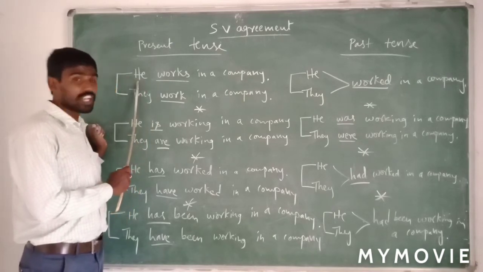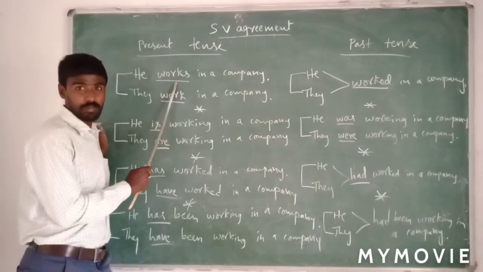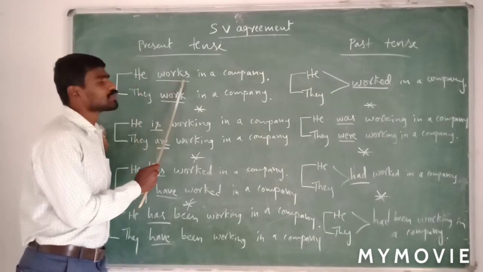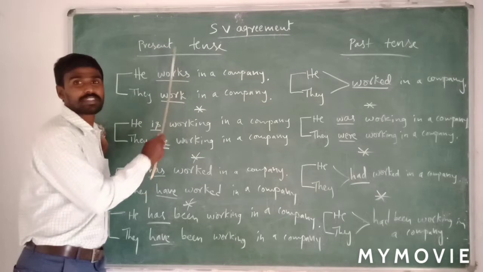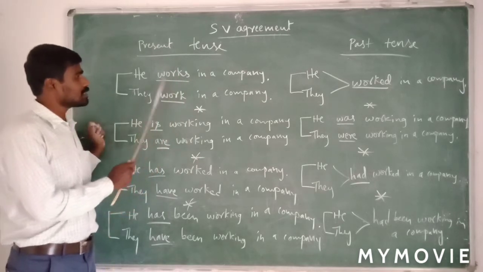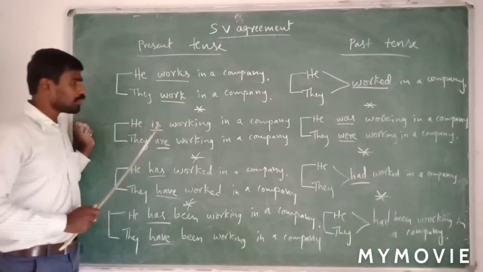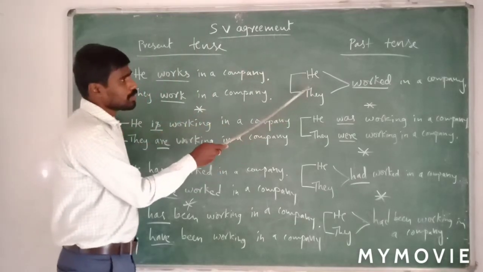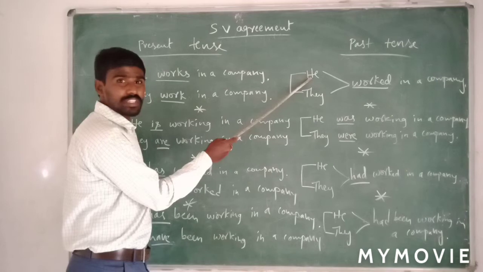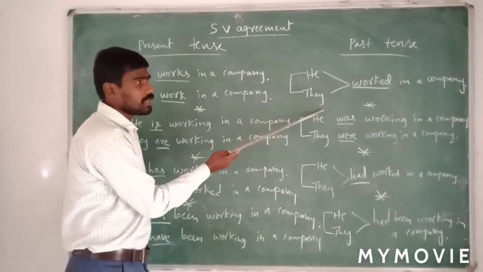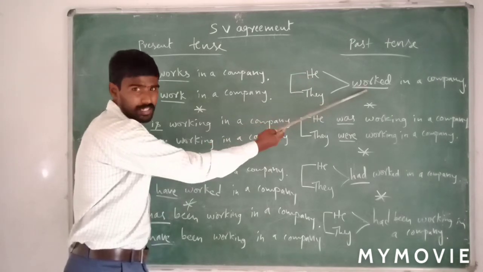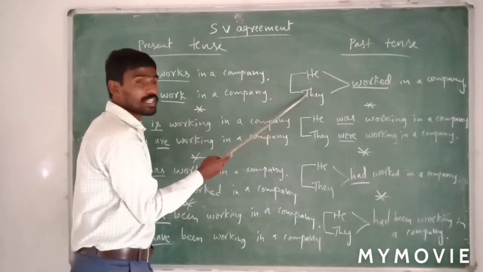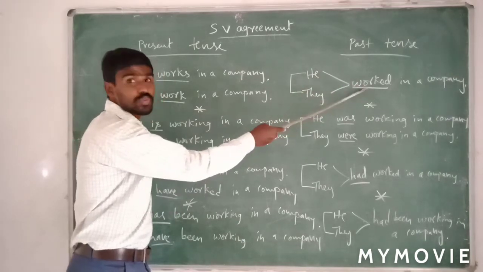If the subject is singular, you have to take a singular verb. If the subject is singular, we have to add s to the verb in present tense, right? So this is the simple present tense. Now if you go to past tense, even if the subject is singular or plural, we use worked.